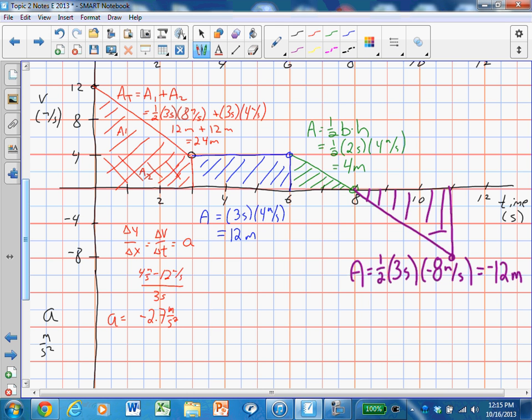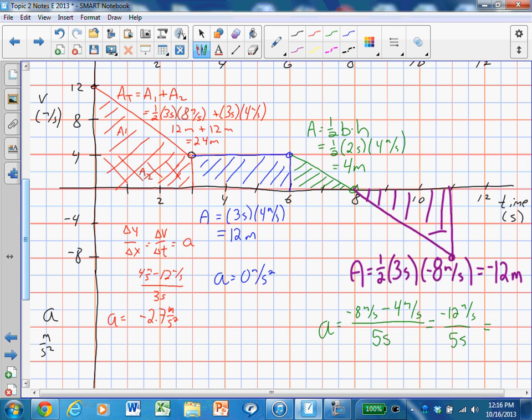There's no change there. And then the green and the purple, I would have a vf of minus 8, a vi of 4, over 5 seconds, minus 12 meters per second over 5 seconds, minus 2.4 meters per second squared.